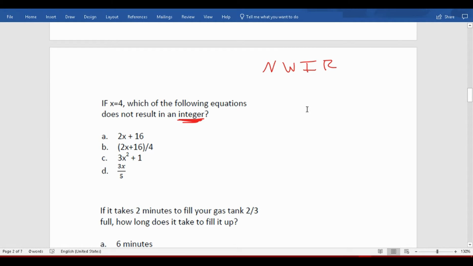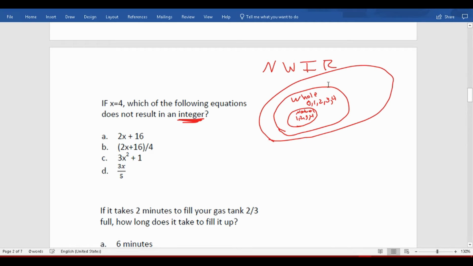You may have seen it like this before. Again, natural numbers. Natural numbers are 1, 2, 3, 4, not including 0. Whole numbers are all the natural numbers plus 0, so 0, 1, 2, 3, 4, and so on.